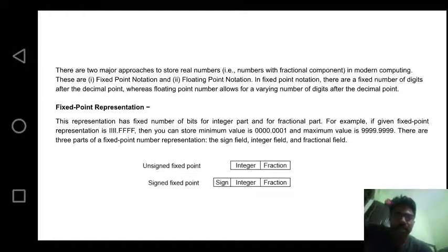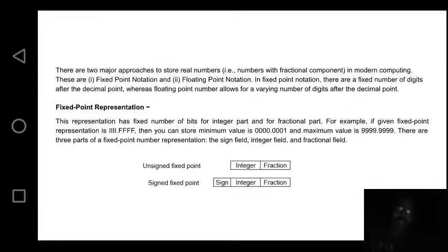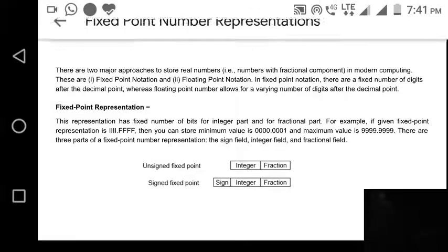In fixed point notation, there are a fixed number of digits after the decimal point, whereas the floating point number allows a varying number of digits after the decimal point or binary point.